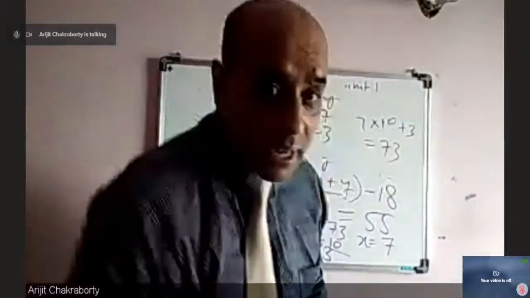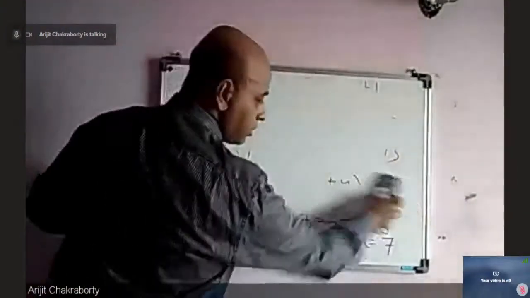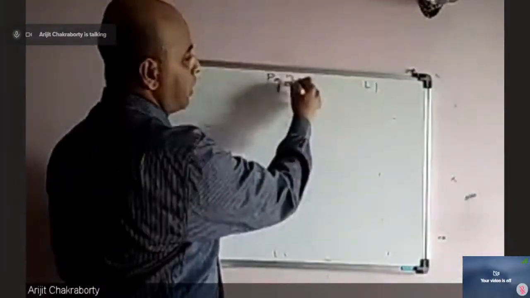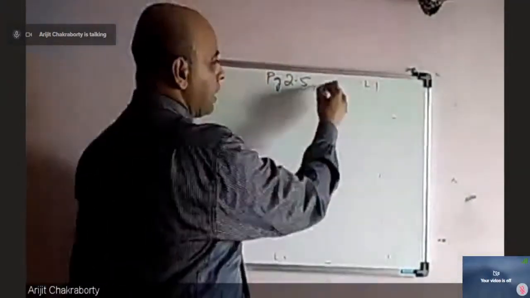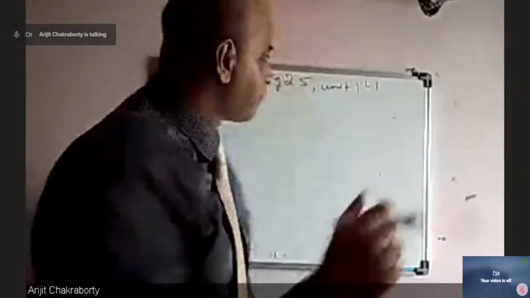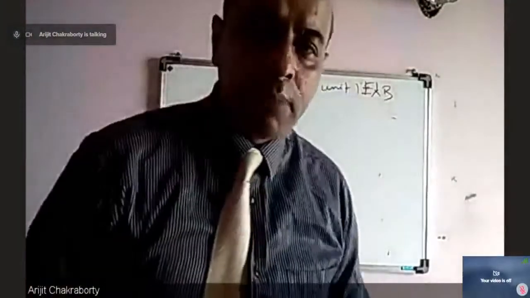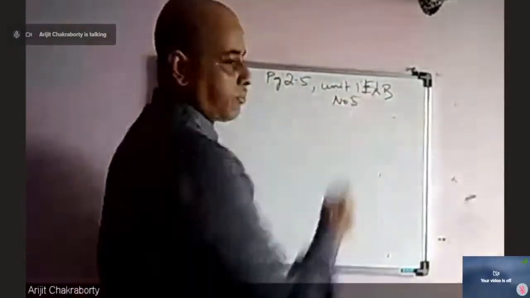The next question has come as a query, and it is good that we are also revising equations once again. The next question is on page number 2.5 of your study material, Unit 1, exercise B, problem number 5.